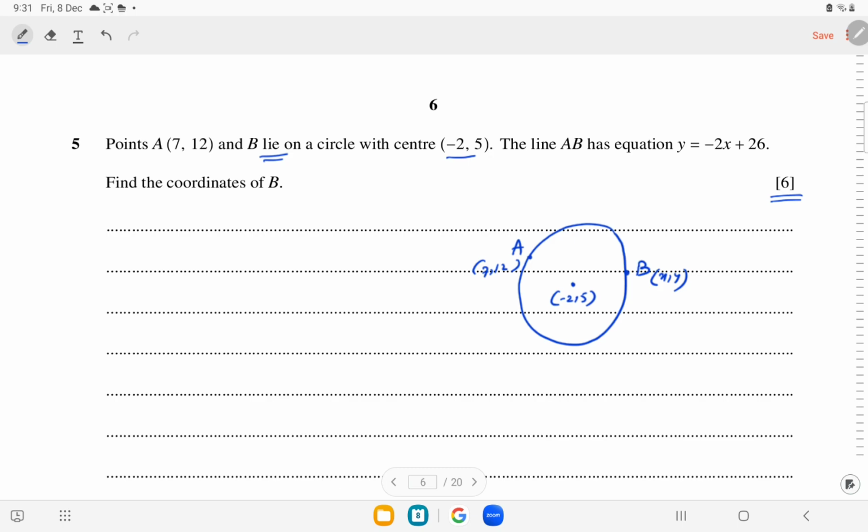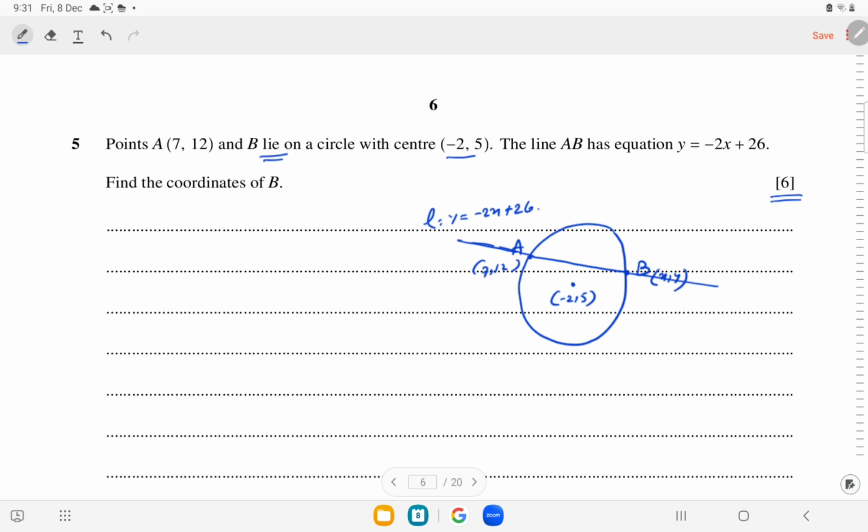So the line AB, it means line A and B, has equation y equal to -2x plus 26. We have to find the coordinates of B.